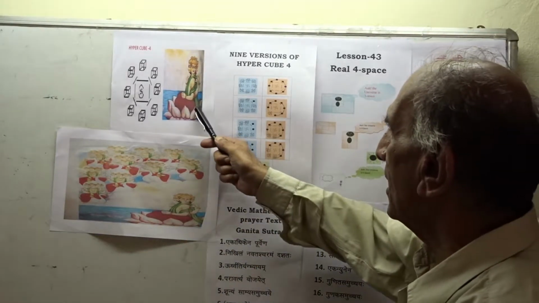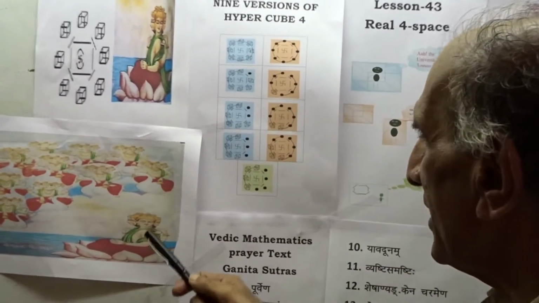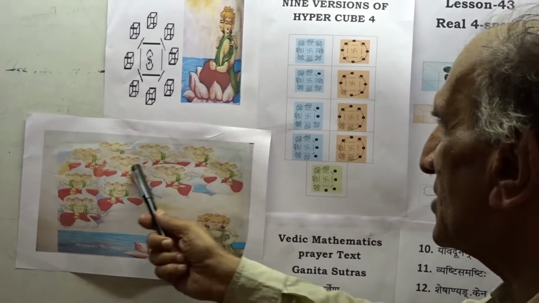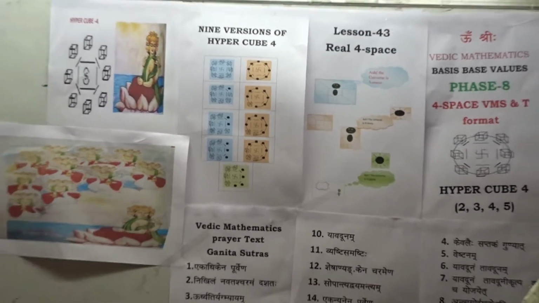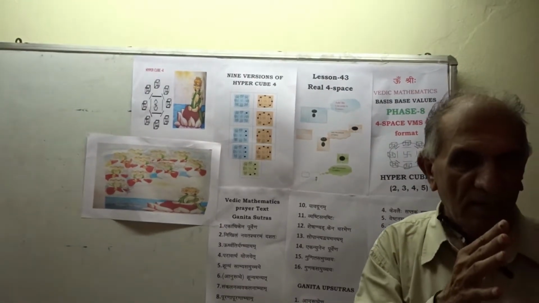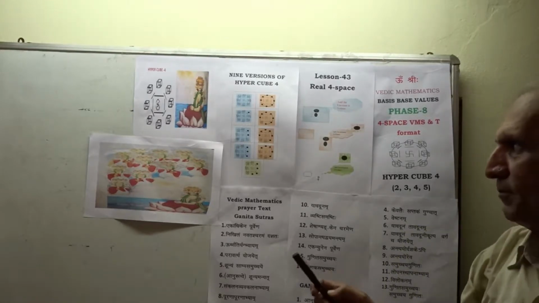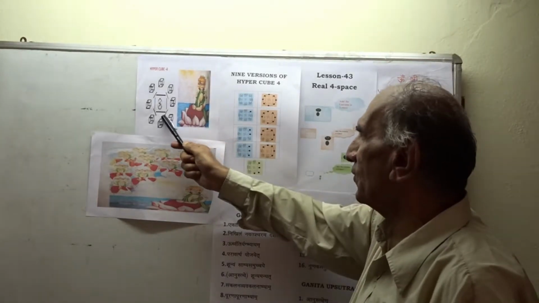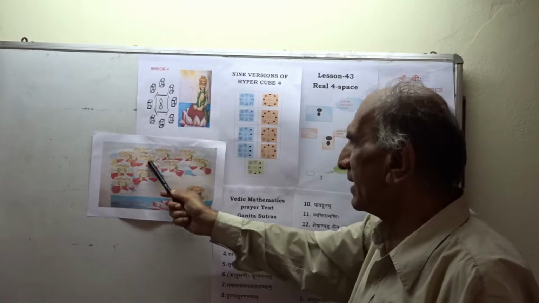Lord Brahma, four-head Lord, Creator the Supreme, meditates within the cavity of his own heart and multiplies as 10 Brahmas. We shall sit comfortably and pray and meditate the Brahma way, the way Lord Brahma, overlord of 4-space, meditates and multiplies as 10 Brahmas.